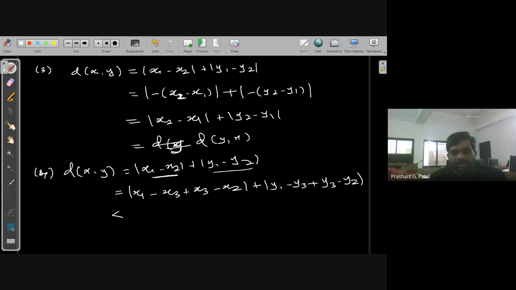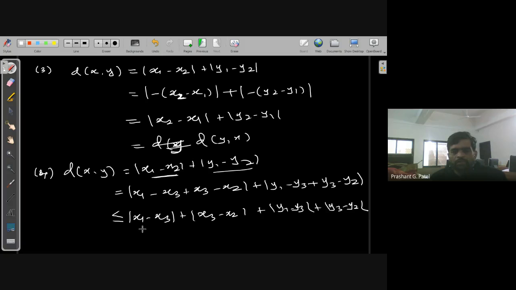So by the triangle inequality for real numbers, we can say that this is at most |x1 - x3| + |x3 - x2| + |y1 - y3| + |y3 - y2|.